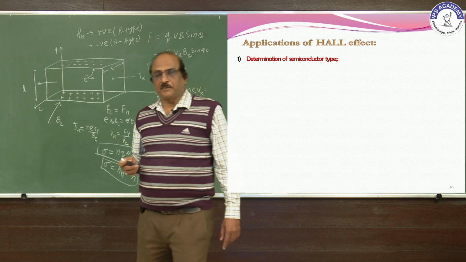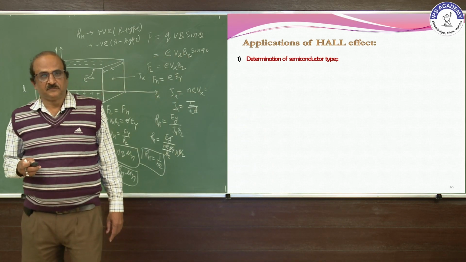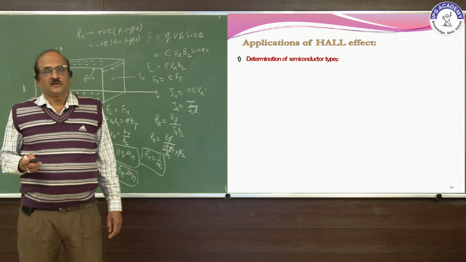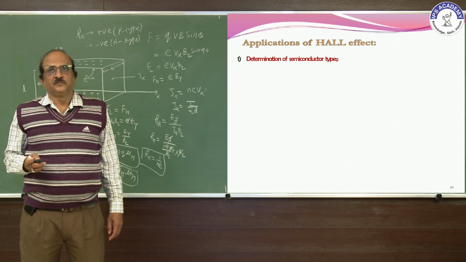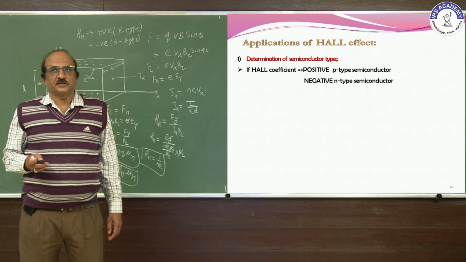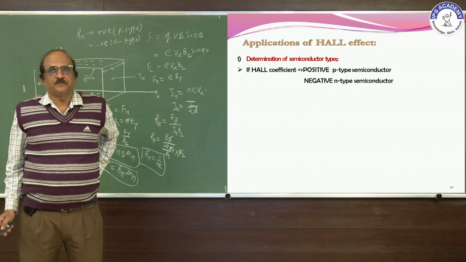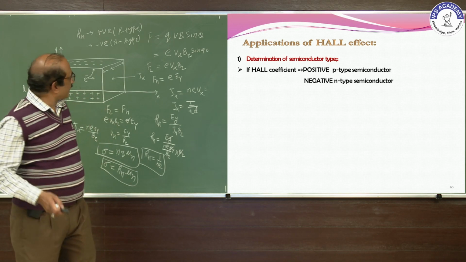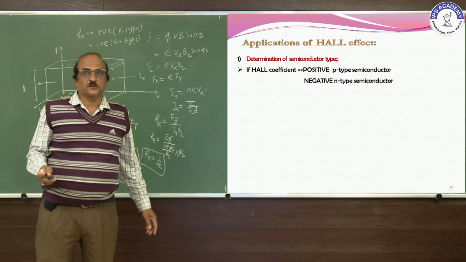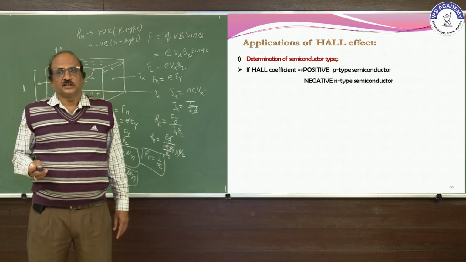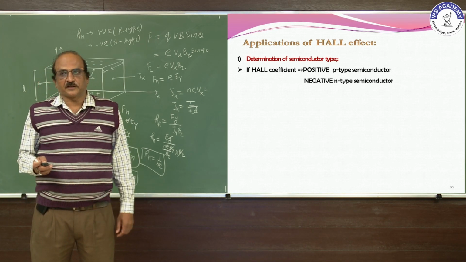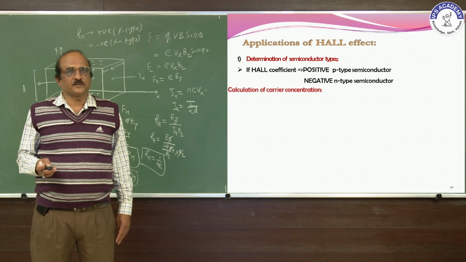So what are the main applications of Hall effect? We can determine the type of semiconductor, n-type or p-type, as I have written here. If RH is positive, then it is a p-type semiconductor. If RH is negative, then it is an n-type semiconductor.